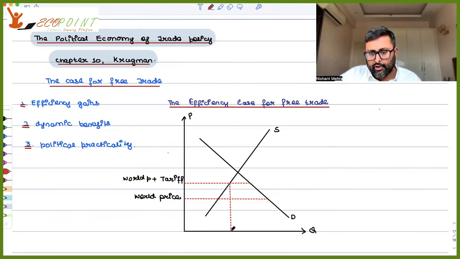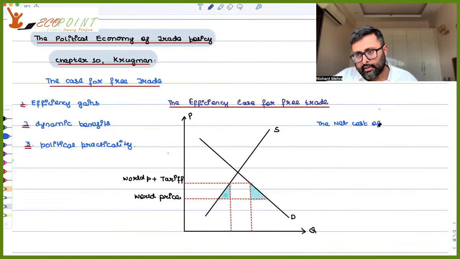So here you get two triangles. One triangle is this, and the other triangle is this. Two triangles, right?